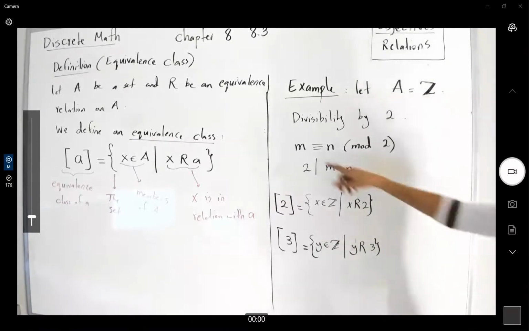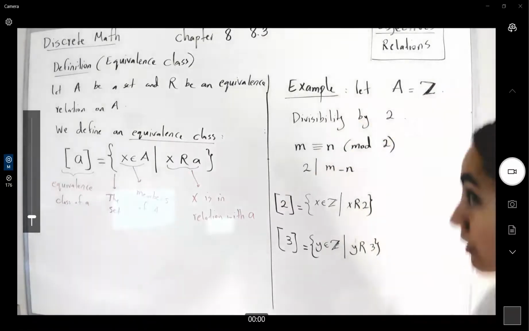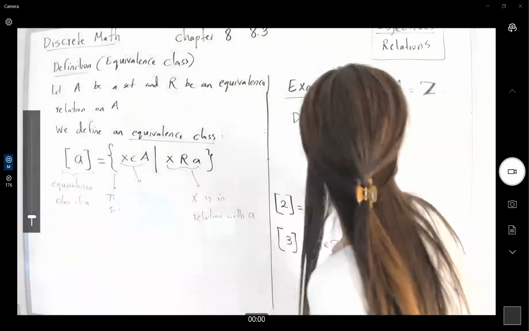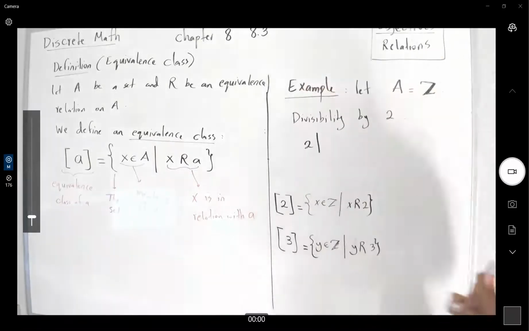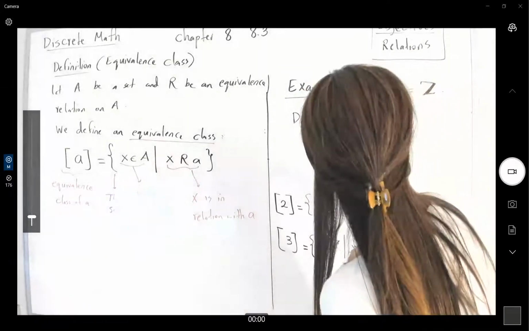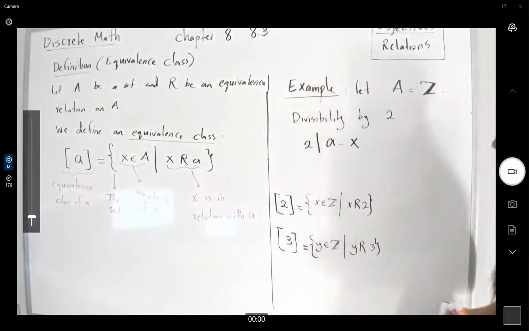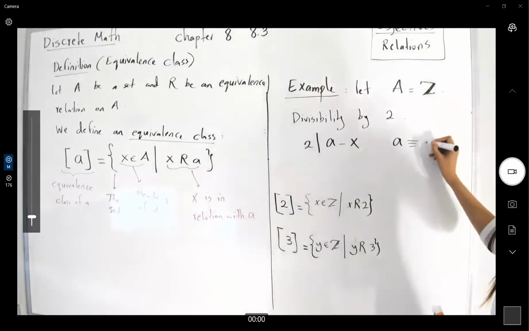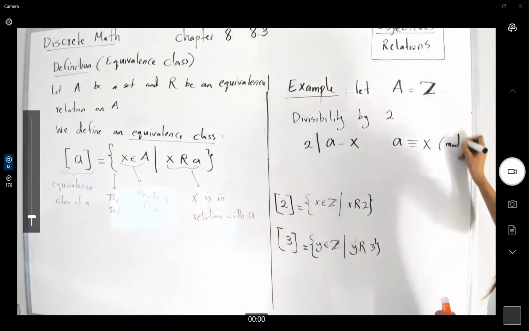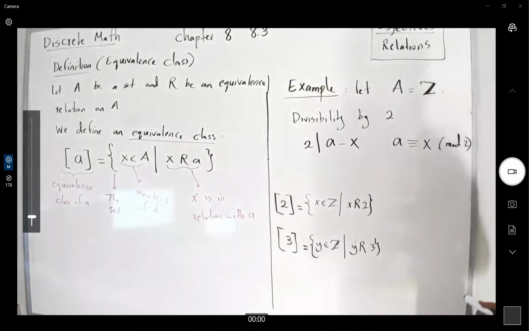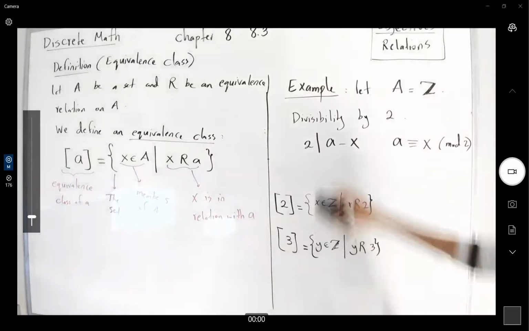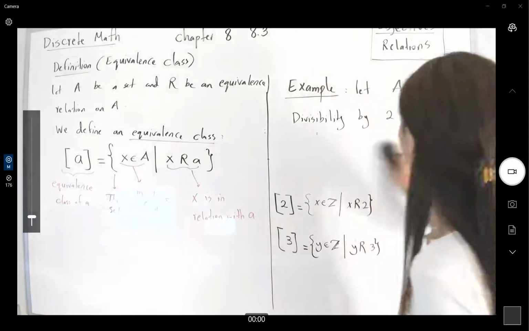Let me define this relation, divisibility by 2, this way, saying that 2 divides A minus X, or A is congruent to X mod 2. You can rewrite it this way as well. Okay, perfect. So X is in relation with 2, and this relation is divisibility by 2.